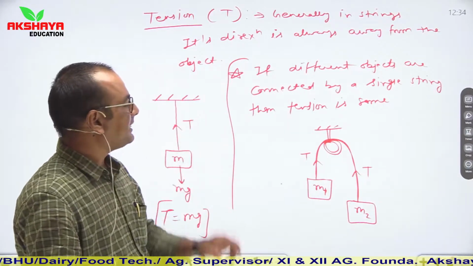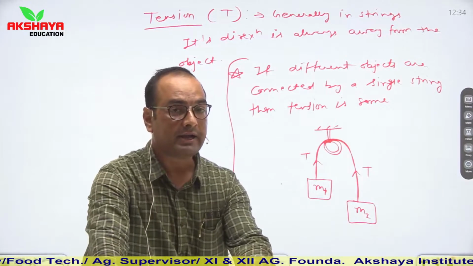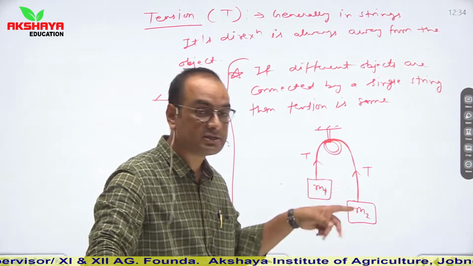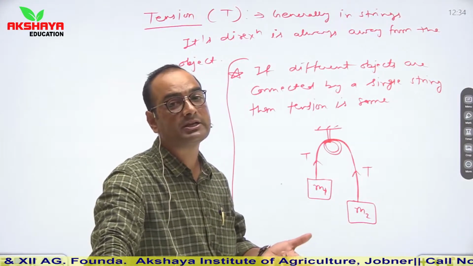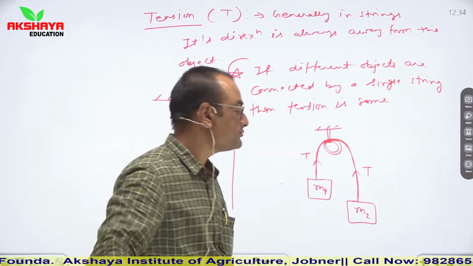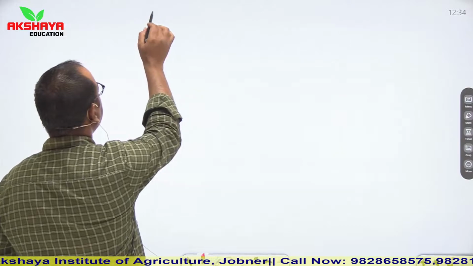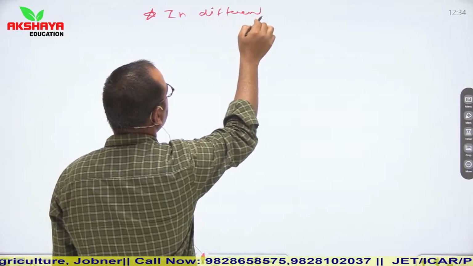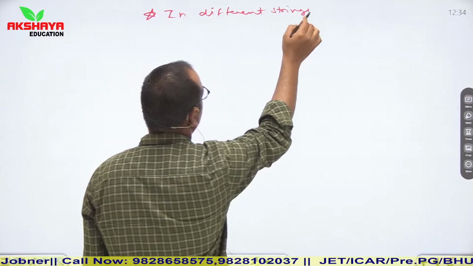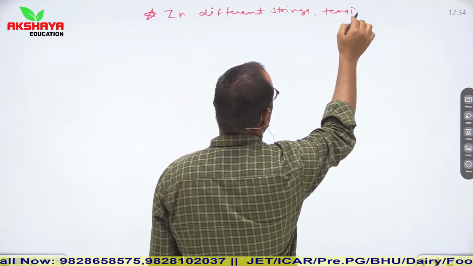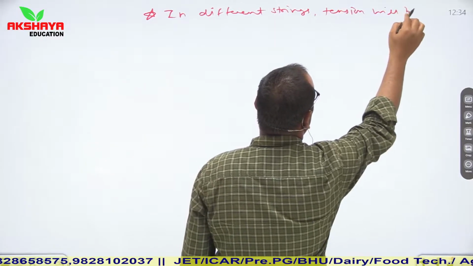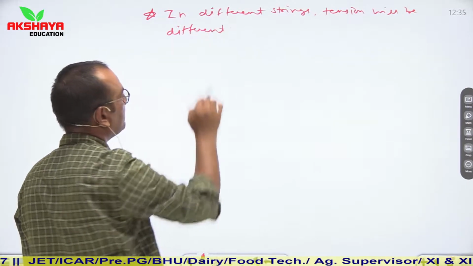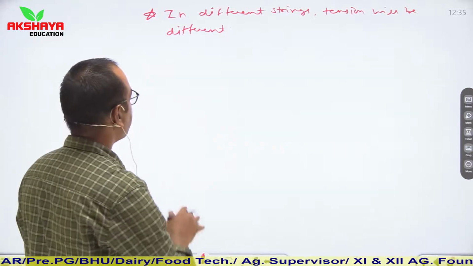So this is another pattern. Now the next pattern that you have to keep in mind: in a single string, the same tension, one tension only, however many objects are connected to one string. But if there are multiple strings, then each string will individually have its own tension. So we can say that in different strings, tension will be different. Let us see this point also with an example.